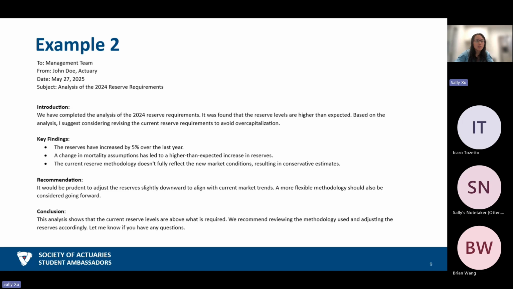So first we'll start with the subject line. The subject line is titled Analysis of the 2024 Reserve Requirement. So what's good about it? Well, it's pretty straightforward, right? It tells you this is about the 2024 reserve requirements. Now let's talk about what could be better.